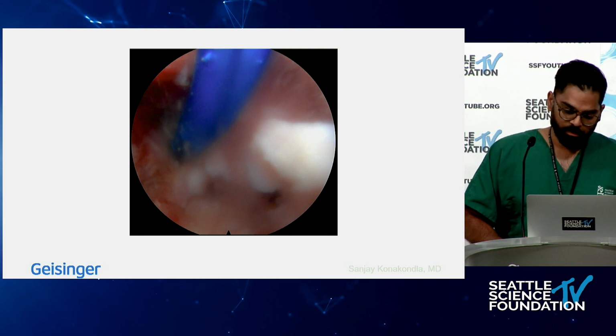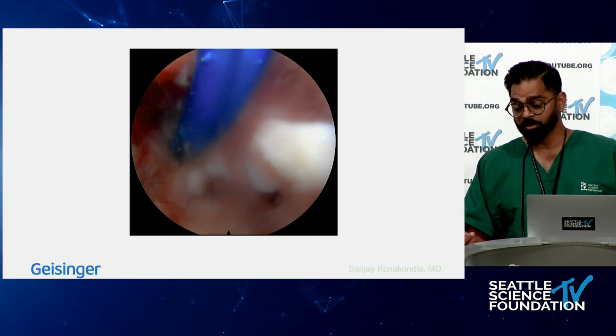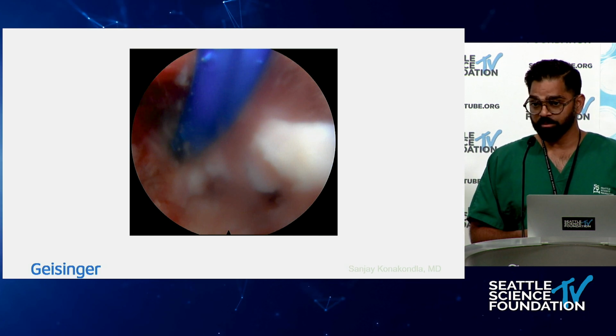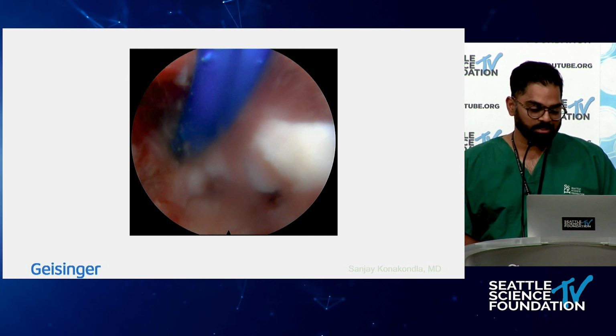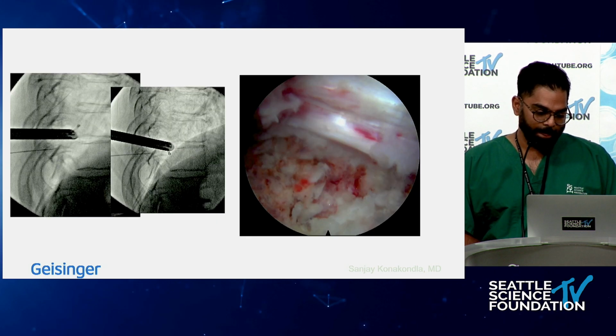Sometimes that works as well. But sometimes even waiting works, right? For those of us who are used to doing ETVs, what happens when it bleeds in the ventricle? You just wait, you wash it out, and sooner or later this sort of clears up. So patience is key. Sometimes you don't have it when you're doing some of these longer cases, but I think it's an important thing to train yourself for.